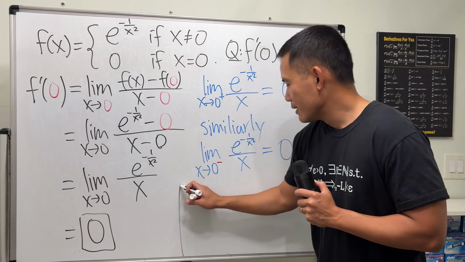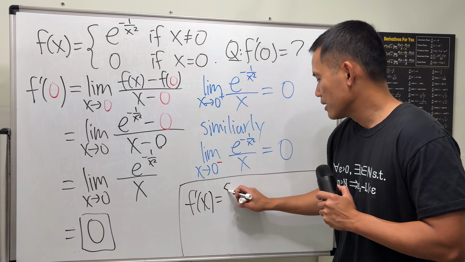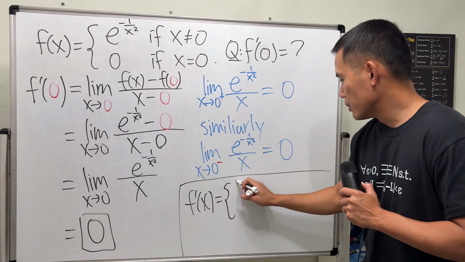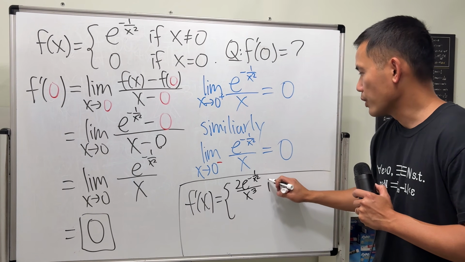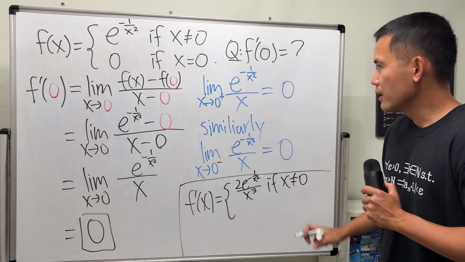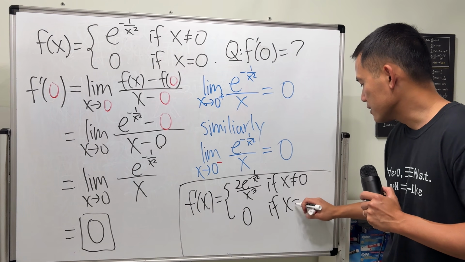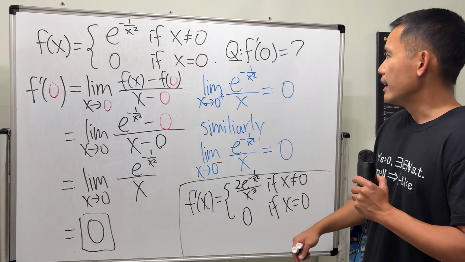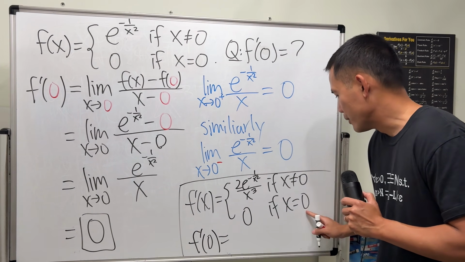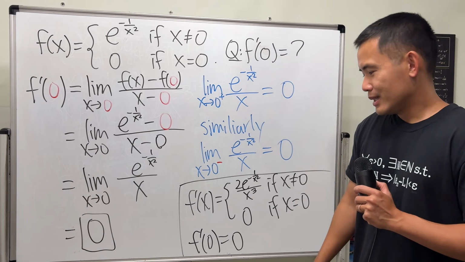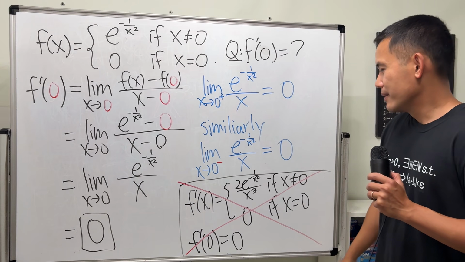For example, somebody could just differentiate the first piece, which is 2e to the negative 1 over x squared over x cubed, and then rewrite if x is not equal to 0, and they can differentiate 0, which is 0, and then maintain if x is equal to 0. And we want f prime of 0, so they say, by looking at this, we should be done. No, not correct. Not correct.